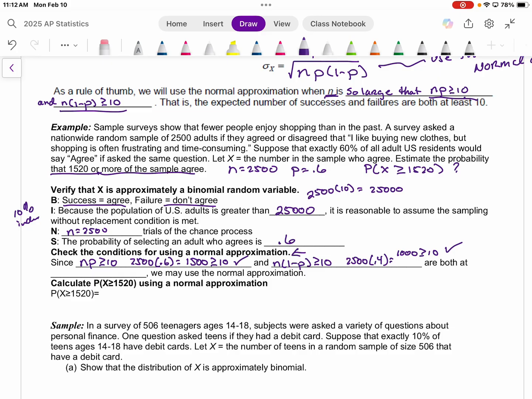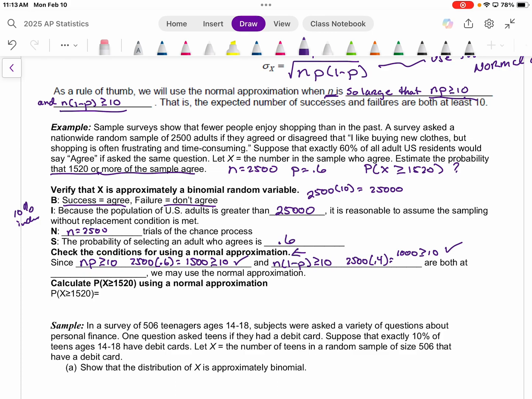I don't have to do a binomial distribution to figure it out. If I fail one of them, I can't do it. And we're going to encounter this a lot from now until the end of the semester. We're going to be using that normal approximation clause to see if we can use a normal CDF.